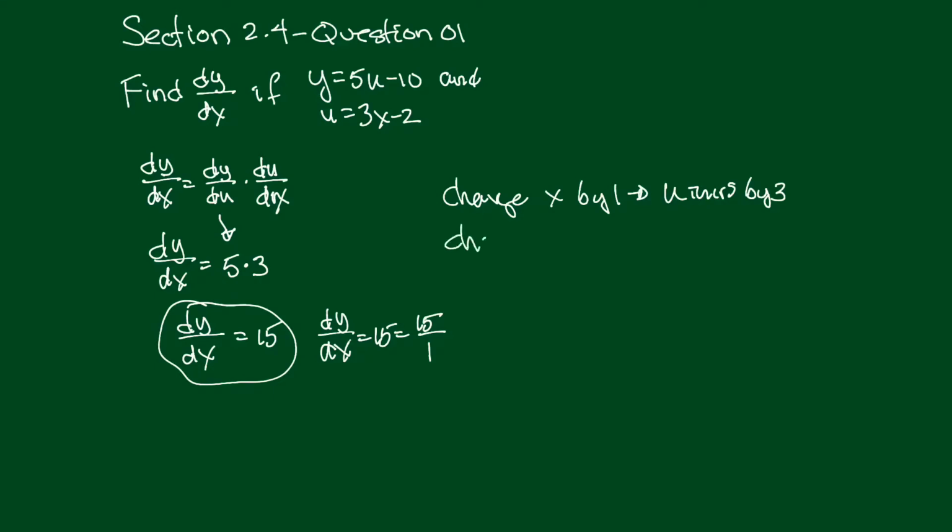Now, what happens if we change u by 3? What happens to y? Well, let's just take a look here. We know that dy/du is equal to 5. And if we write that as 5 over 1, here's our derivative. dy/du is 5. So I just wrote it over here, 5 over 1.